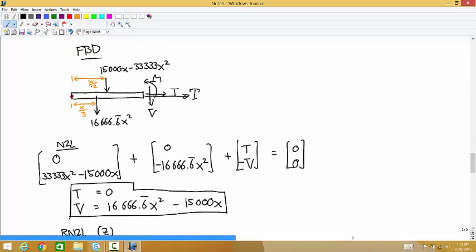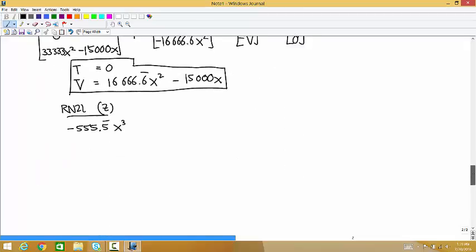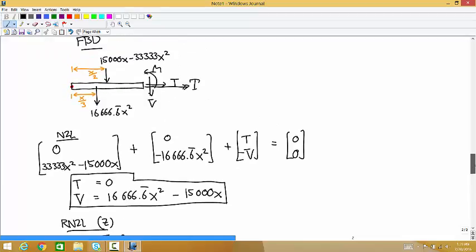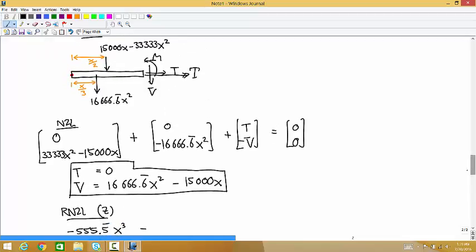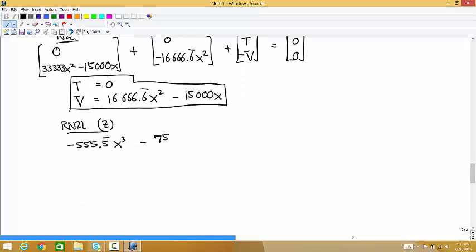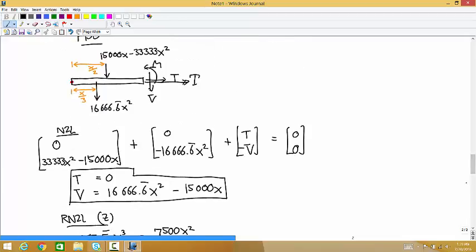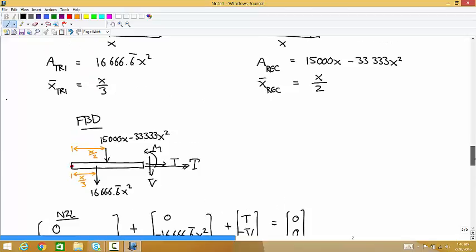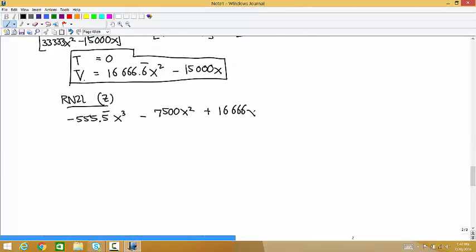Then you have this one with a moment arm of x over 2. So that's 7,500x squared plus 16,666x cubed.